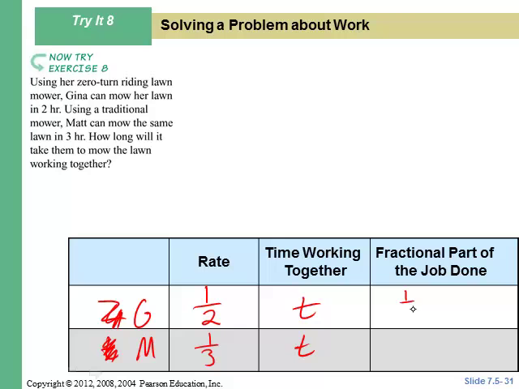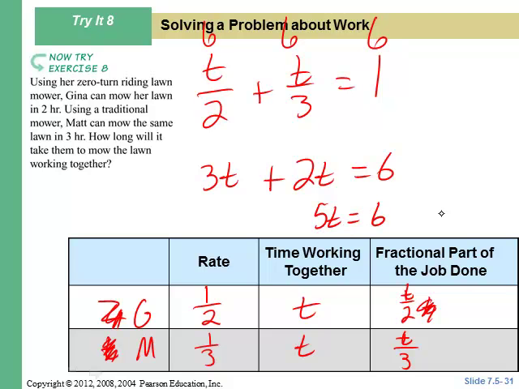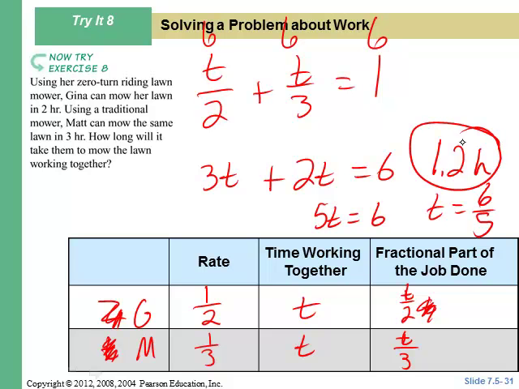So she can get 1/2 T, and he can get 1/3 T. So T over 2 plus T over 3 equals the whole job. Multiply everything by 6. We get 3T plus 2T is 6. 5T is 6. T is 6/5, which is 1.2 hours.